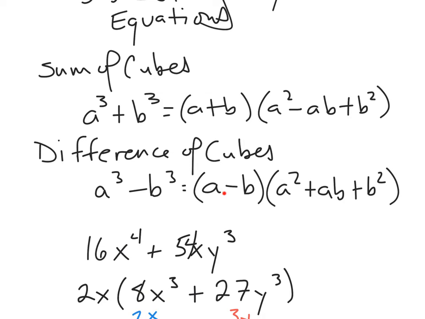You can see that one here. When I have a subtraction here, I get a subtraction here. If I have addition here, then my subtraction goes in the trinomial. There's always at least one minus sign in my factor when we do this.